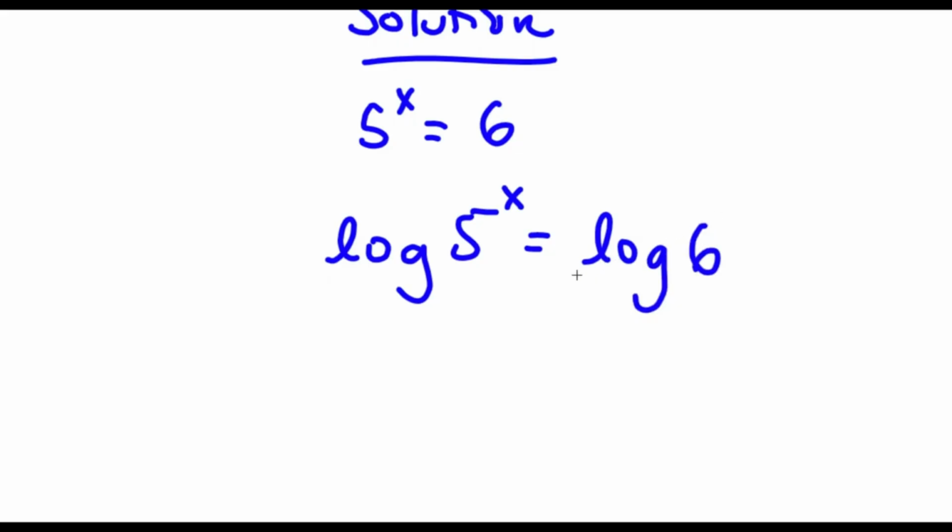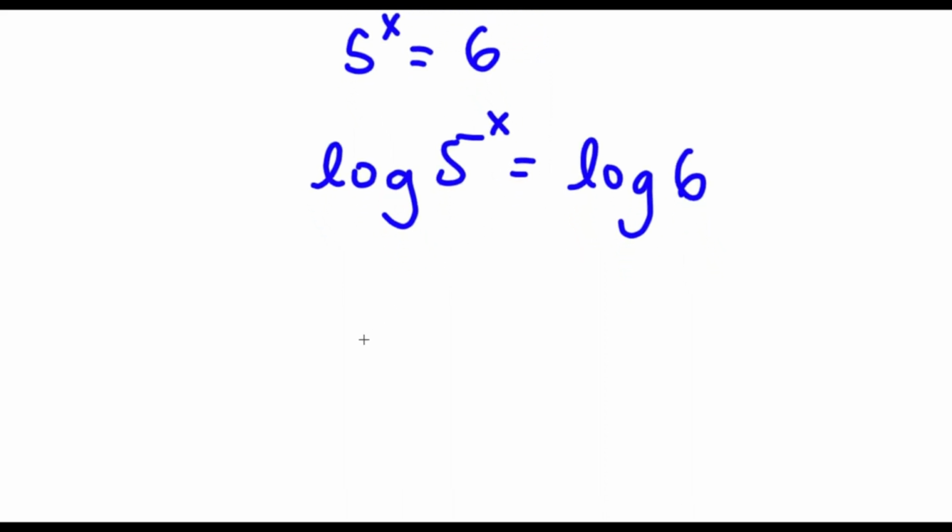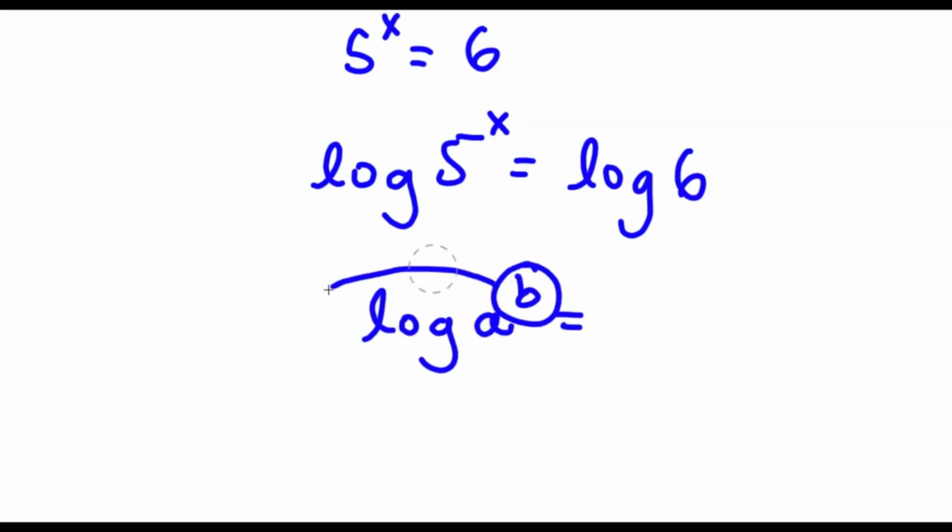Now, an important property of logarithms is that if I have something in the form log a to the power of b, I can actually move this exponent b to the front. So this is going to equal b times log a. So for log 5 to the power of x, I'm going to do the exact same thing.